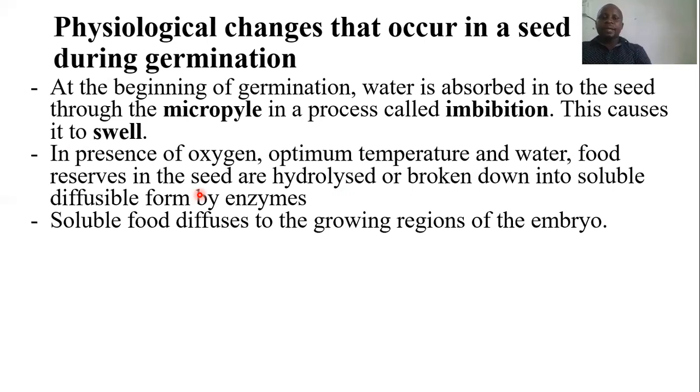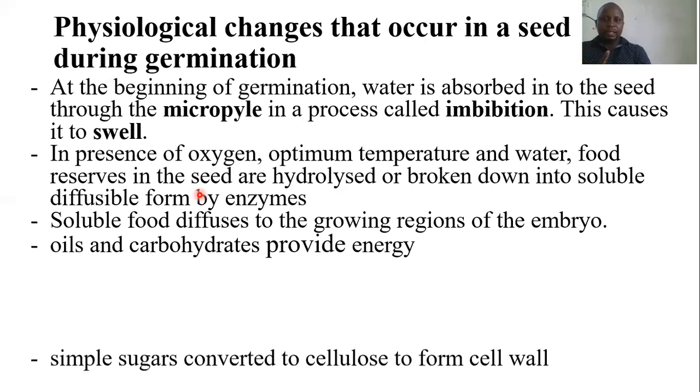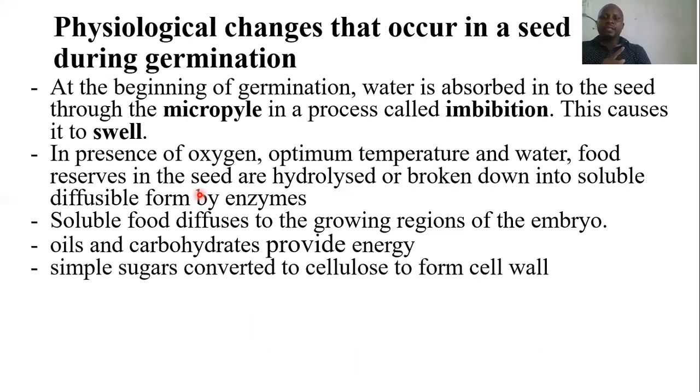Oils and carbohydrates provide energy needed for the germination process, and simple sugars will be converted into cellulose to form new cell walls. Amino acids will make the protoplasm.